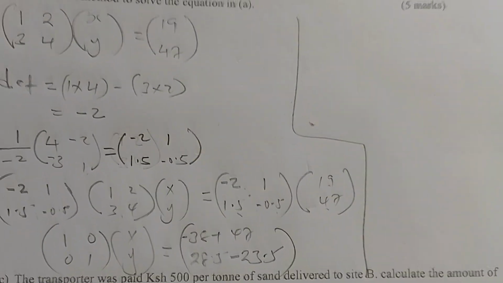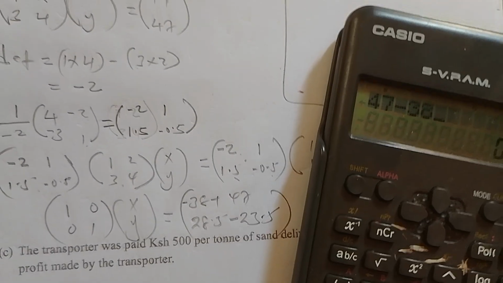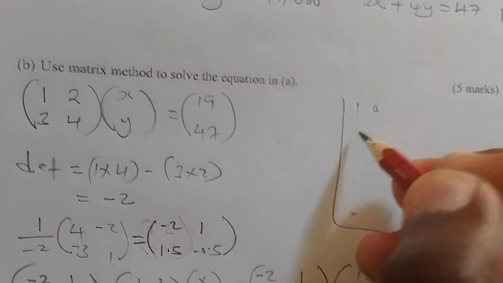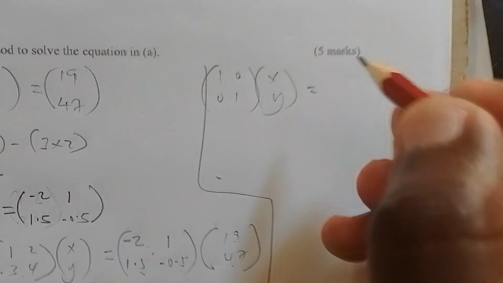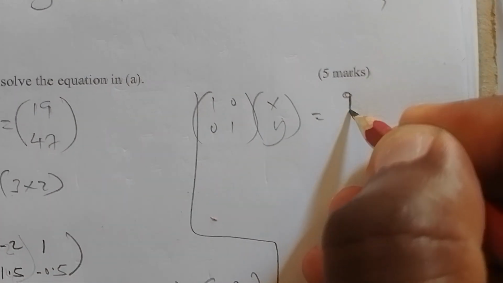So from here, if I take 47 minus 38, I get 9. So therefore, learners, the identity times xy is equal to 9.